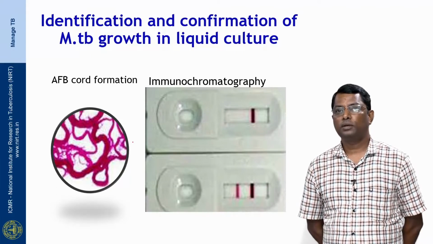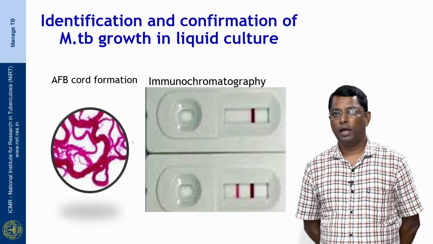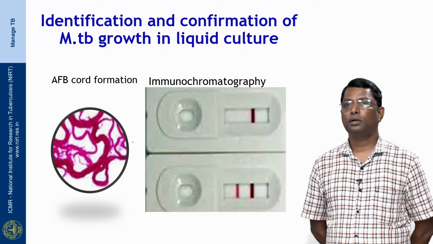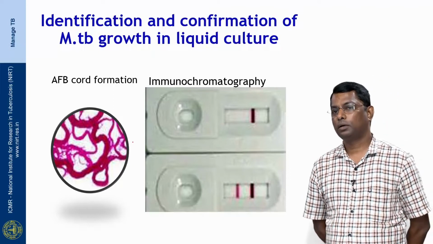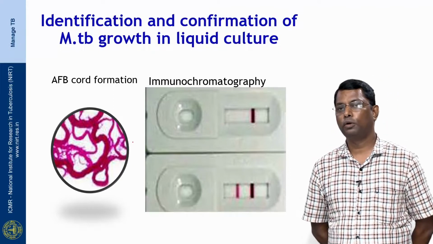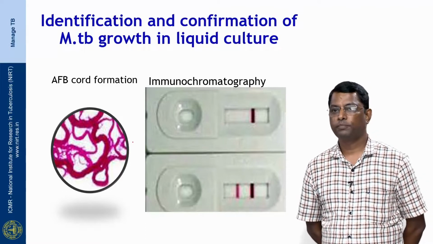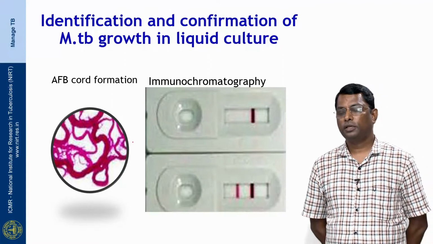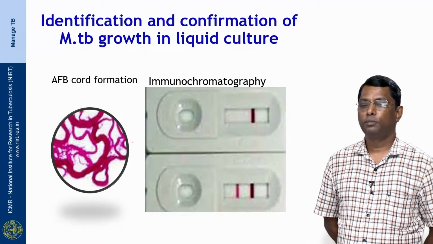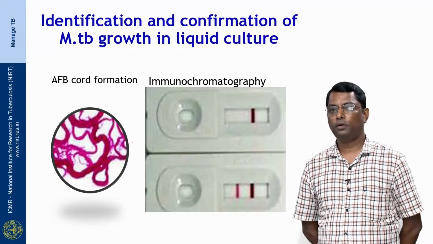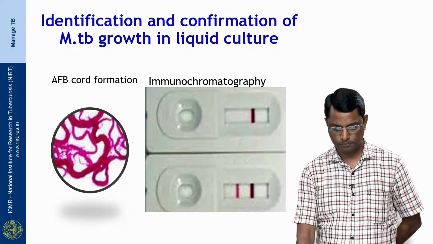When we pass the liquid culture through this strip, if we have MTB culture, then this will bind to the antibody containing gold conjugate and give a pink color band. The strip also has an inbuilt positive control. Both the bands should appear to call it Mycobacterium tuberculosis complex.